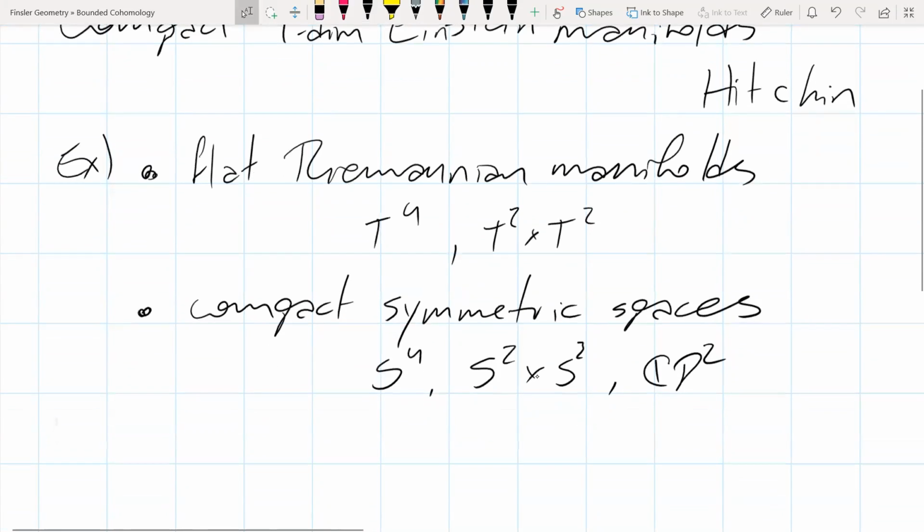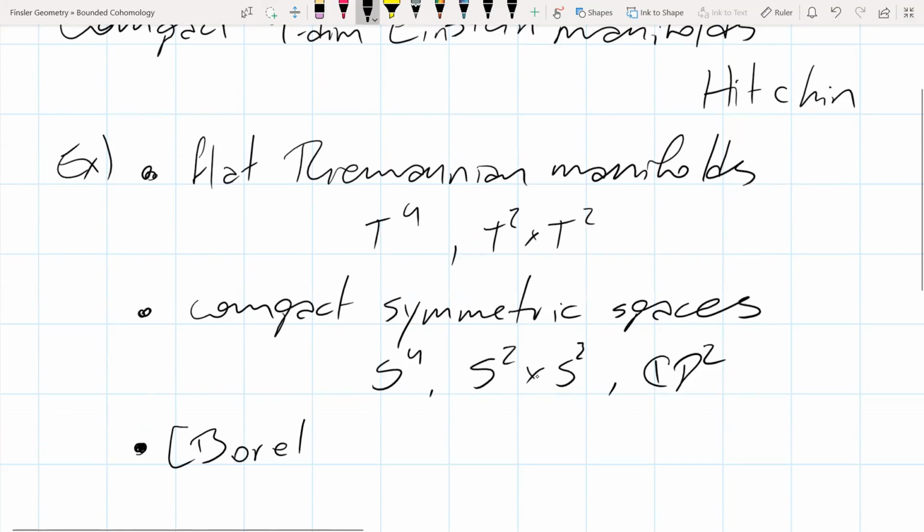And the third one was actually described by Berger in 1963. Hitchin's article is from 1974.